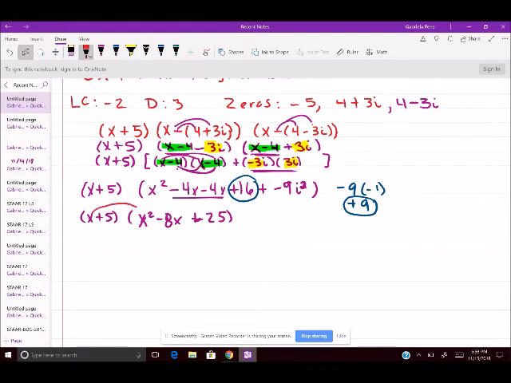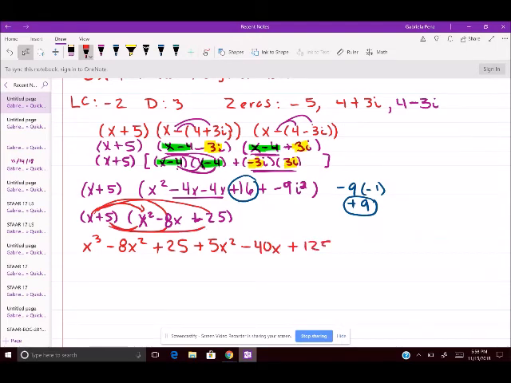So I have x times x squared, x cubed, x times negative 8x, negative 8x squared, x times 25, plus 25x, 5 times x squared, 5x squared, 5 times a negative 8, negative 40x, and 5 times 25 would be 125.